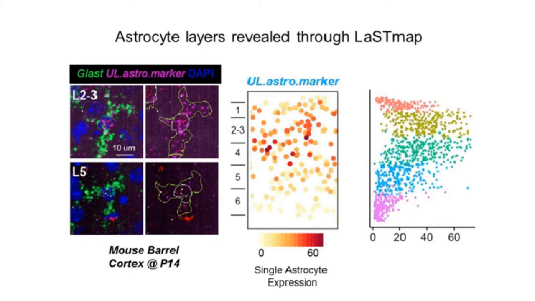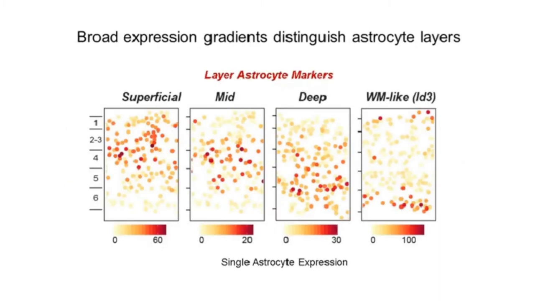When we do this for all of our layer astrocyte markers, we identified that broad gene expression gradients distinguish astrocyte layers into 4 spatial bins. We can observe superficial, mid, and deep layer astrocyte zones in the cortical gray matter from layers 2 to 5.